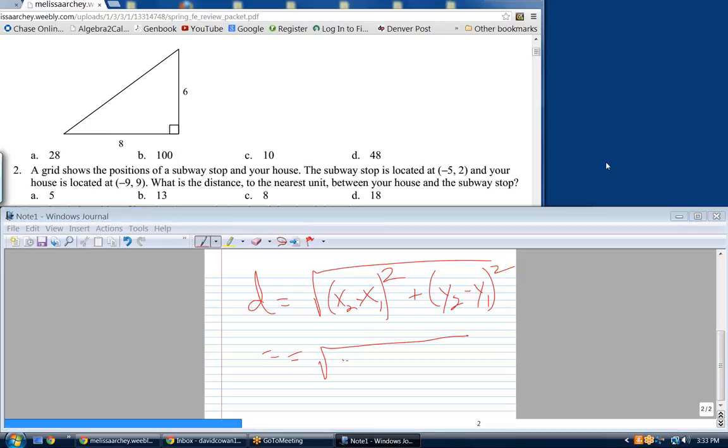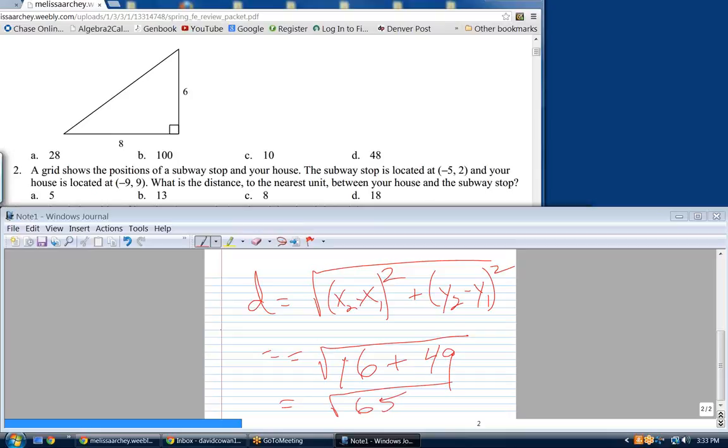Okay, and you don't care if it's plus 4 or minus 4, because we're going to square it. So that's 16. What's the difference between the y's? Looks like 7. So that's 49. So we're talking the square root of 65.